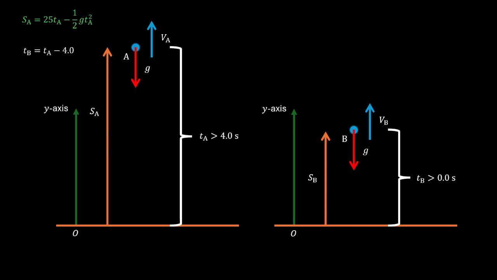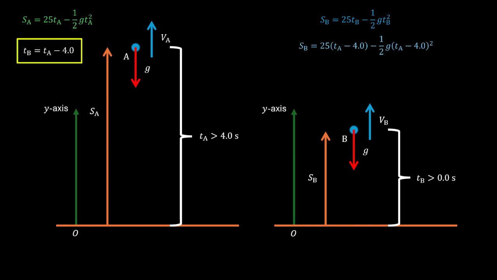If I do that, I will get S_B equals 25 T_B minus half times g times T_B squared. If I substitute T_B equals T_A minus 4.0, then I can obtain S_B in terms of T_A, which can be written as S_B equals 25 (T_A minus 4.0) minus half g (T_A minus 4.0) squared.